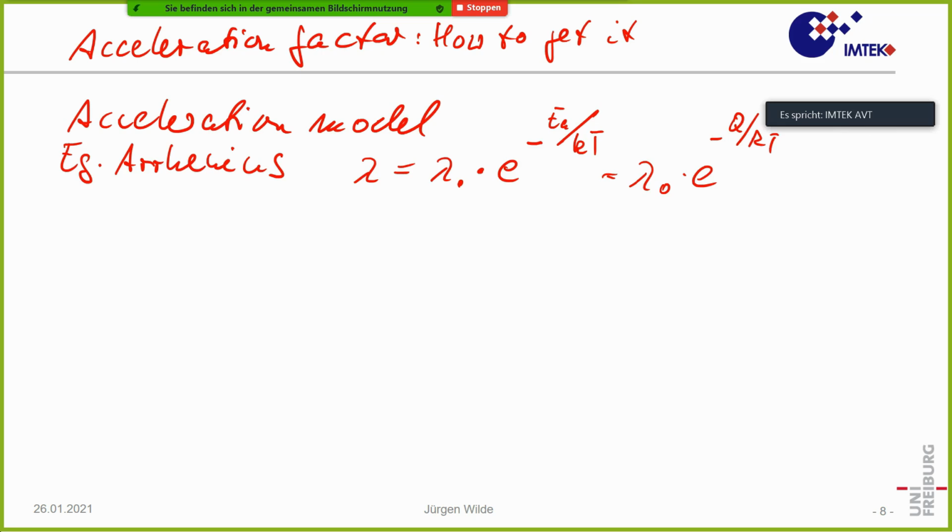Engineers often use the activation energy in joule per mole, and in that way it is divided by the gas constant R.